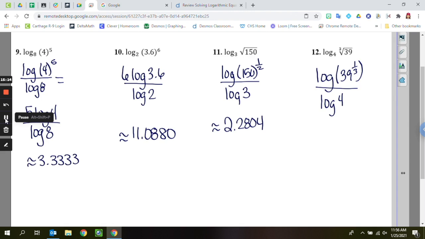Watch your exponents. That's going to be the tricky part. 8809? Okay.